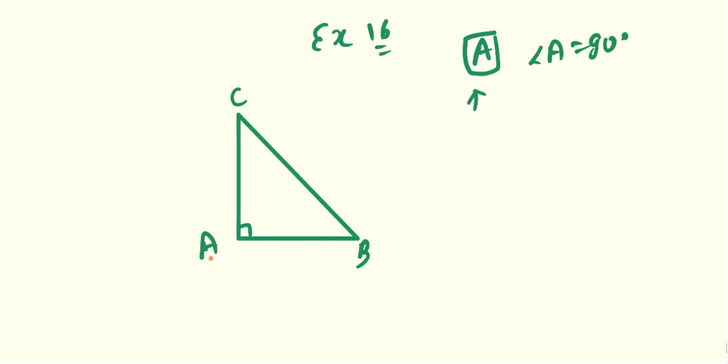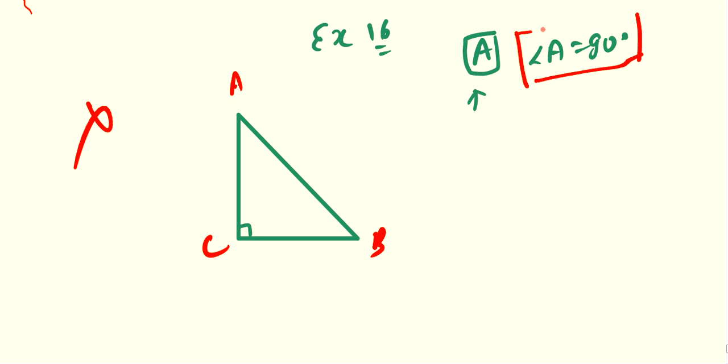If you write C here and take A and B here, this is wrong, because it is clearly given that angle A is 90 degrees.